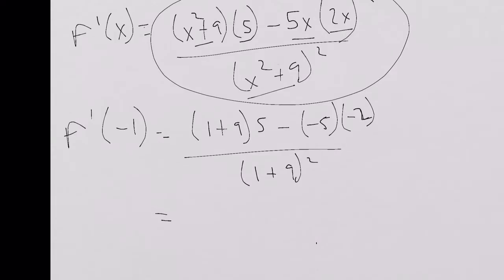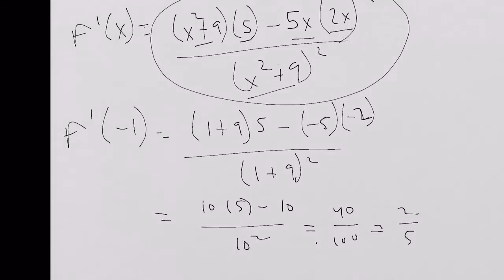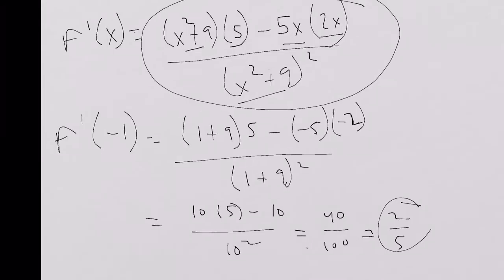So I get 10 times 5, and then I still get minus 10 over 10 squared. So I get 50 minus 10, which is 40 over 100, and that would reduce to 2/5, which is better. That's what they had as an answer. So again, be careful with your signs and writing the problem down right.